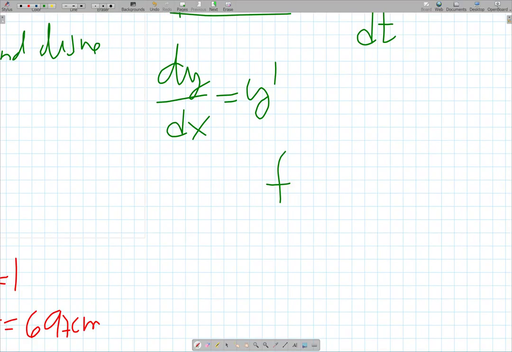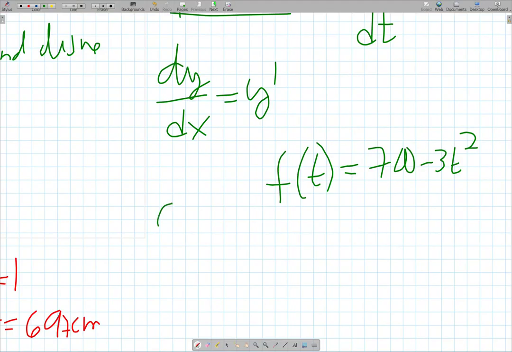F of t is equal to 700 minus 3t squared. Since we are looking for df over dt, we will just differentiate, the derivative of f with respect to t, that is df over dt.